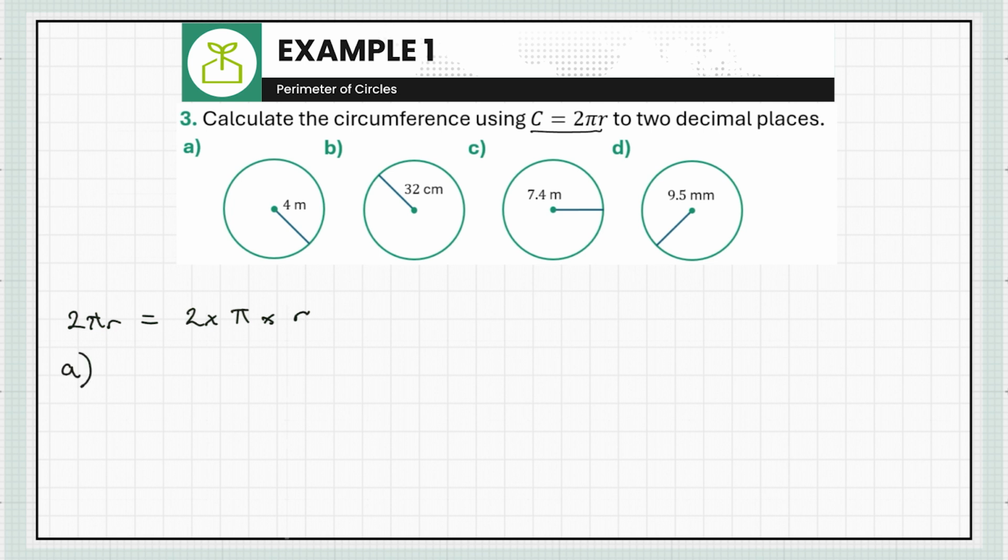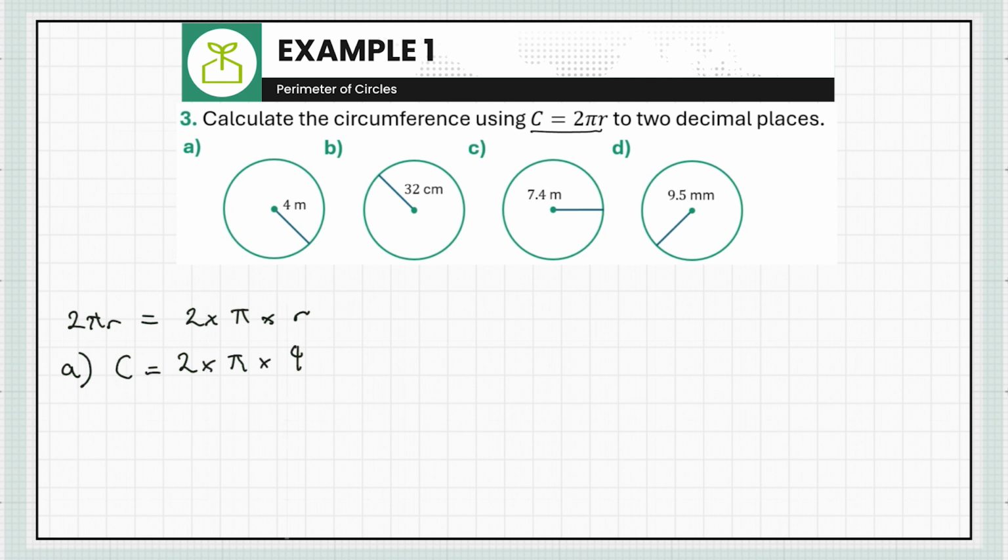I'll leave a link to the calculator emulator that I'm using in the description. But right now, let's get started. So for our first one, the circumference is going to be equal to 2 times pi times our radius, which in this case is 4 meters.